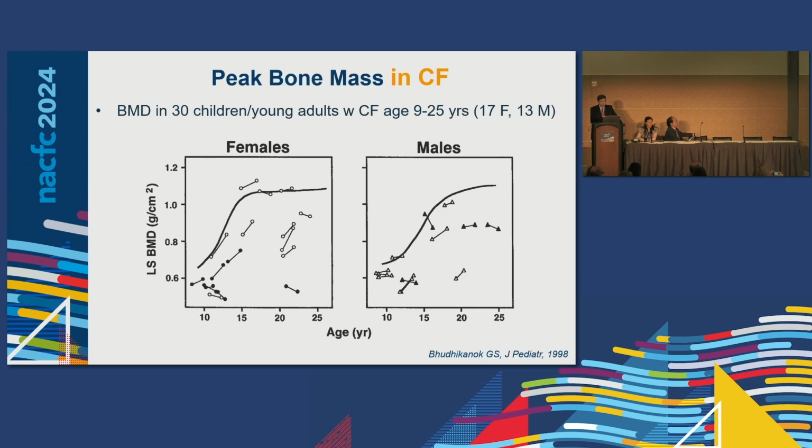And some people with CF have similar bone density as the normal population, but you can appreciate a lot have much lower bone mineral density at a younger age. In particular, the filled circles and triangles are patients on glucocorticoids or prednisone, and those tend to cluster towards the bottom of the curve, meaning that glucocorticoid use is a significant risk factor for lower peak bone mass acquisition.